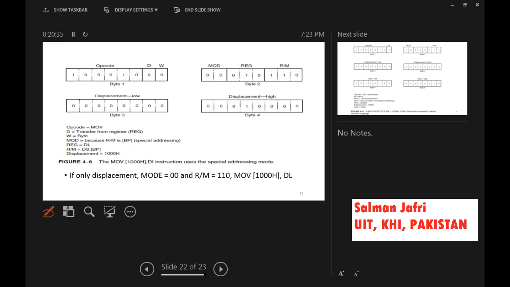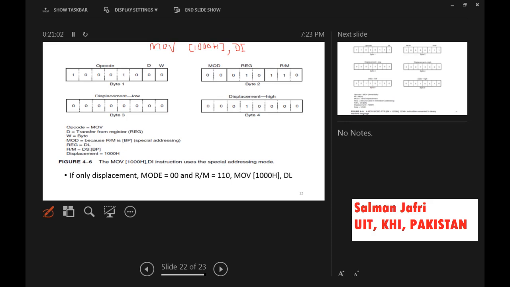Now let's look at another instruction, and the instruction is move (1000h) comma DI. So now this is direct addressing mode, right?